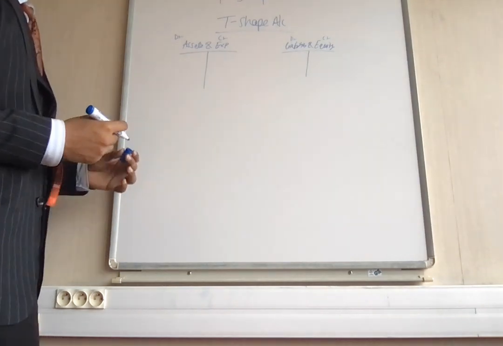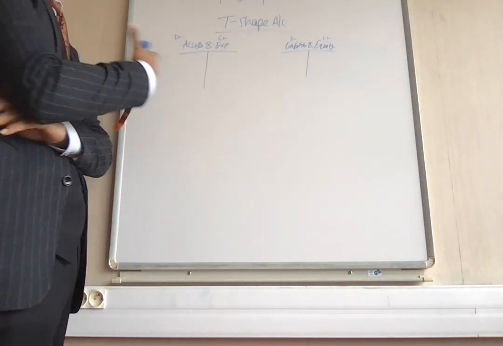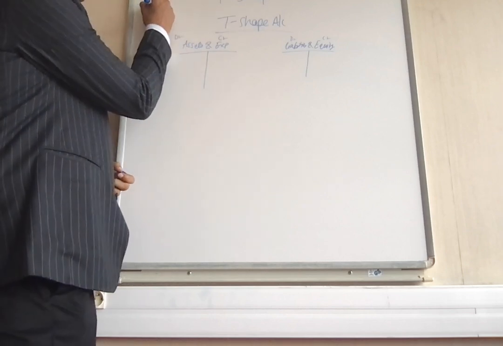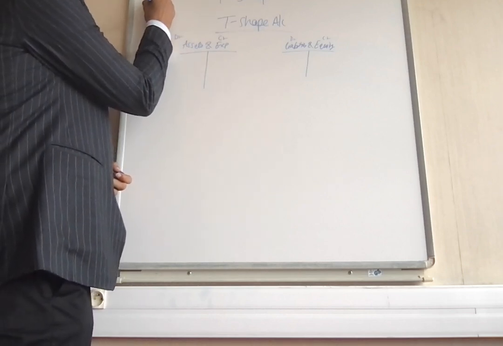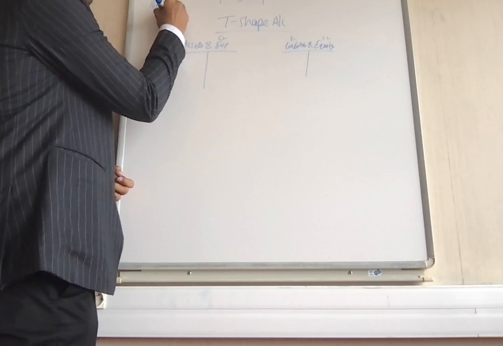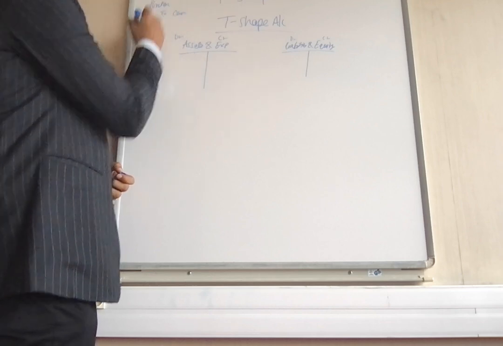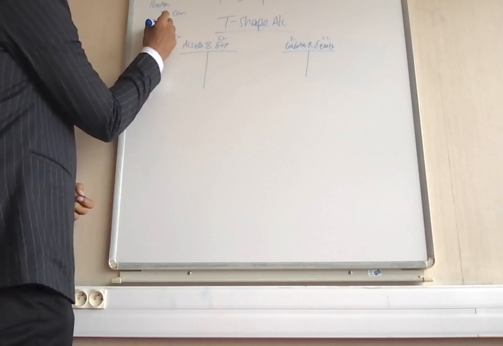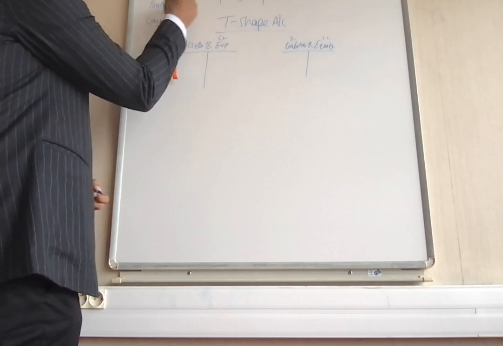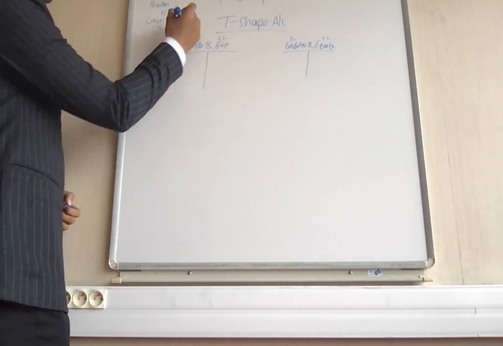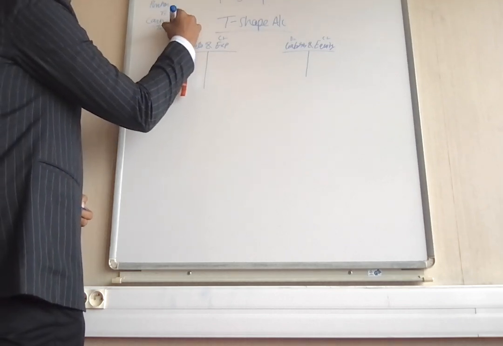For assets and expenses, whenever you gain something, for example, if there was a transaction like purchases debit, cash credit, or cash debit, capital credit, right?